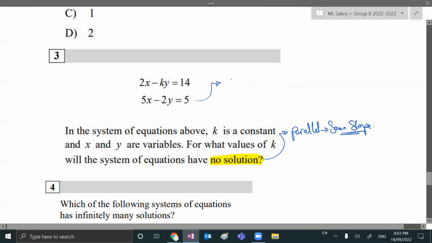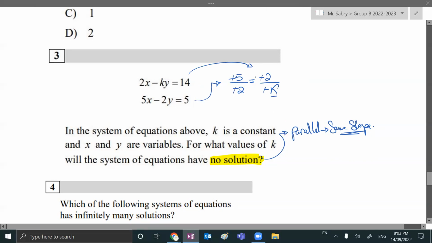So get the slope of this one, for example, it's negative 5 over negative 2. That must be equal to the slope of this one, which is negative 2 over negative k. All the negatives will cross each other.